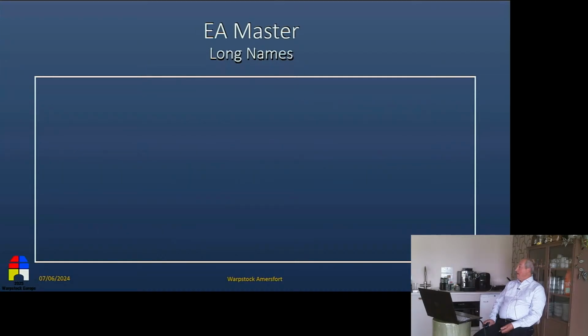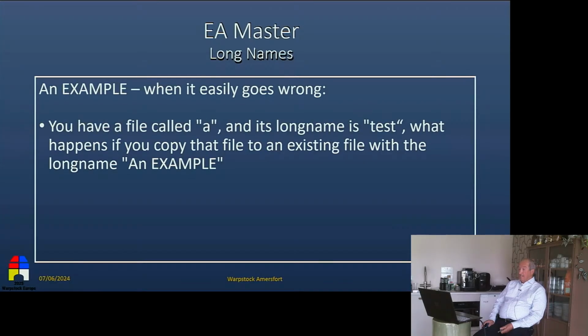How can you duplicate a long name? Come on, guys, you're all intelligent. It's very simple. Yes, okay. For example, you have a file called A, and it happens to have the long name test.